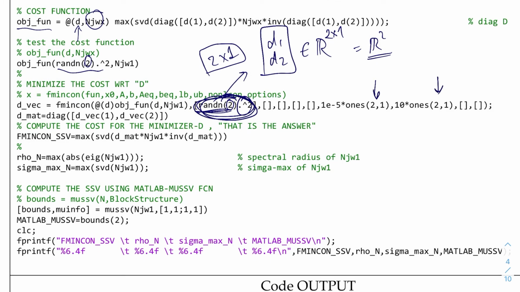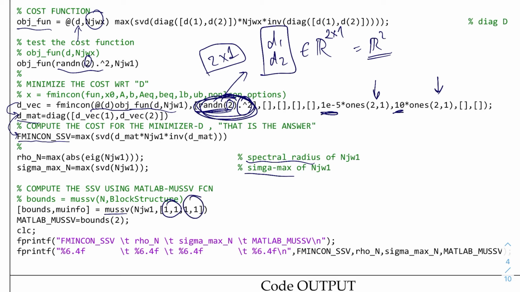Again, this is the minimum value, maximum value, the same cost function, right? And after getting the D values, just obtain the D matrix corresponding to that, and then the corresponding cost, basically just calculate that. And spectral radius and sigma max, and also MATLAB's mu SSV.